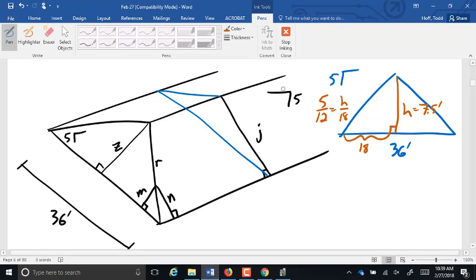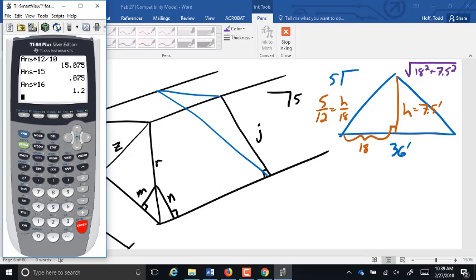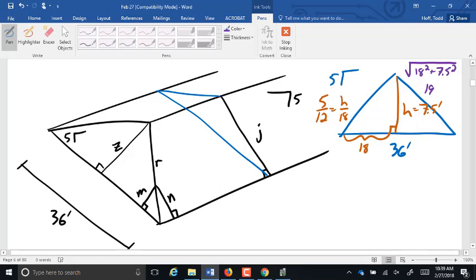What do we do from there? Perfect. Square root of 18 squared plus 7.5 squared gives us J, 19.5. So J here is 19.5 feet. So if it's the same slope, you're right, Z is 19.5 feet.